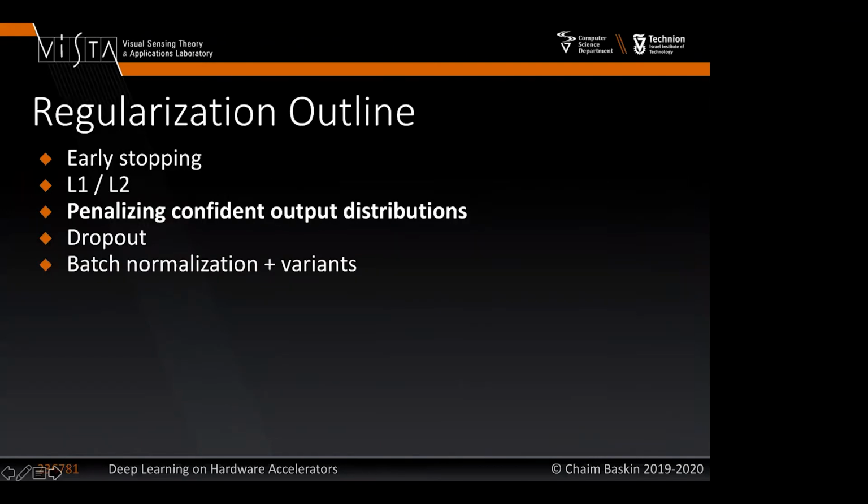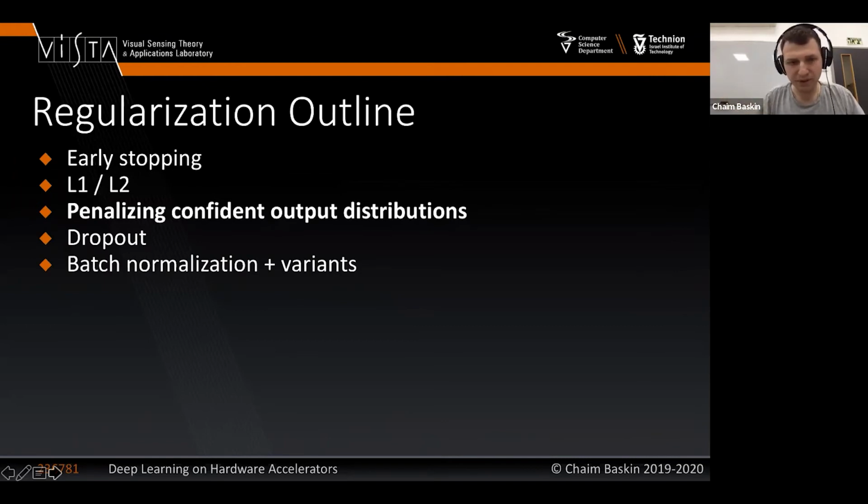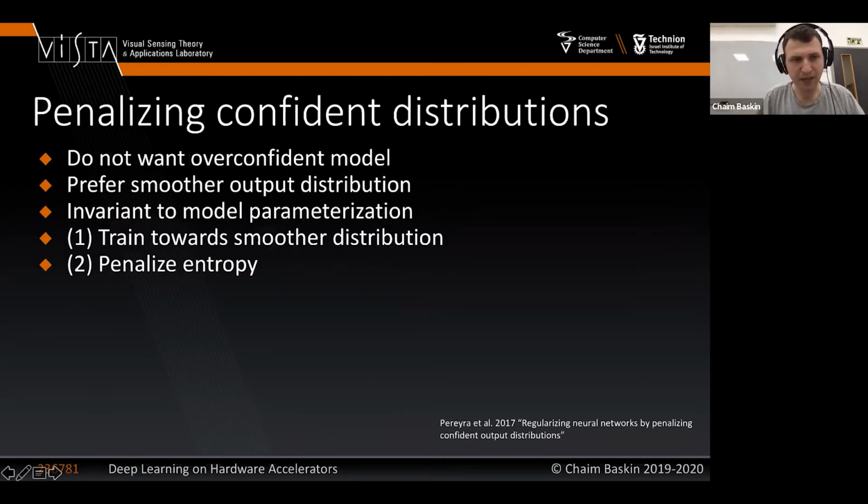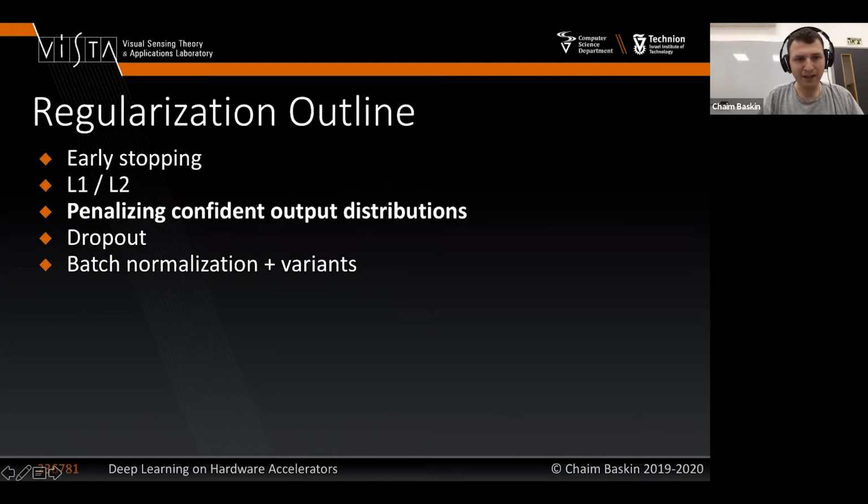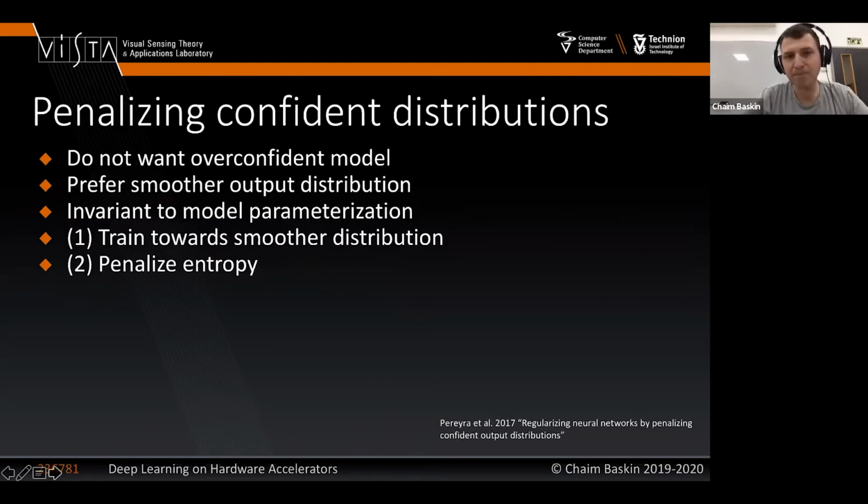Okay. Good. So L1 and L2 are two ways of regularization that we have. Another is penalizing the confidence distribution. First, we do not want an overconfident model, again to avoid overfitting. We prefer a smoother output distribution.